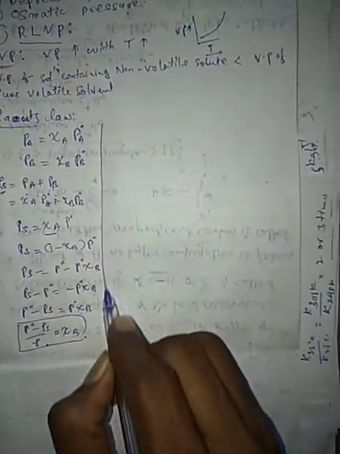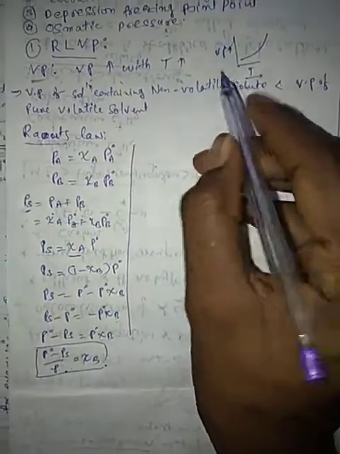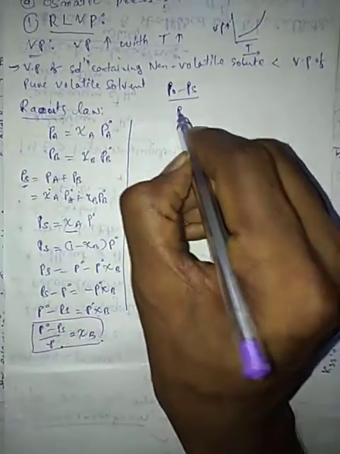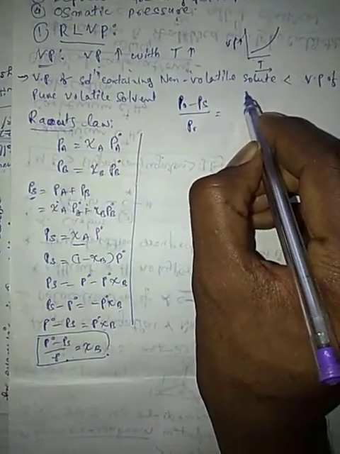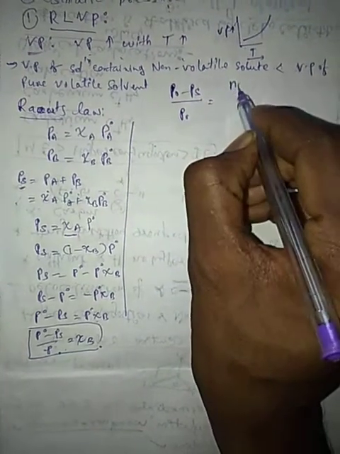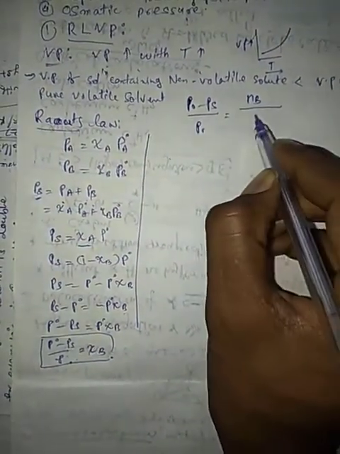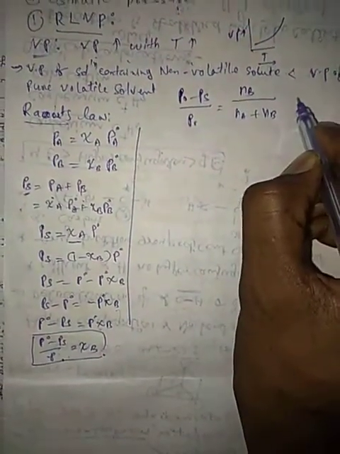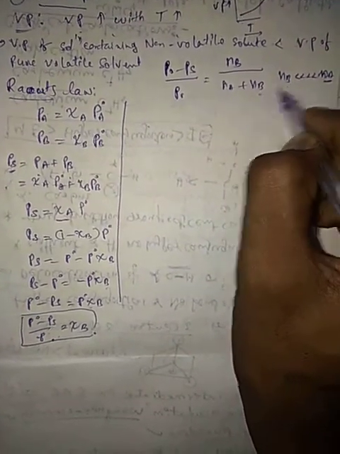This comes from the mole fraction. Now we can write (P naught minus PS) by P naught is equal to the mole fraction, which is the number of moles of B by the number of moles of A plus the number of moles of B. Here the number of moles of B is very much less than the number of moles of A, so the number of moles of B in the denominator is negligible.